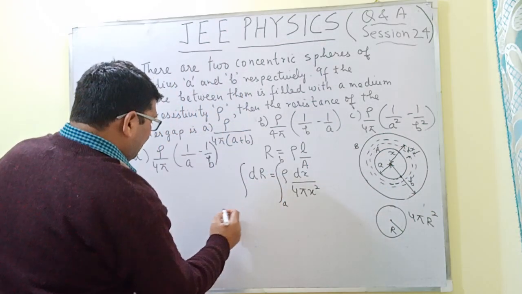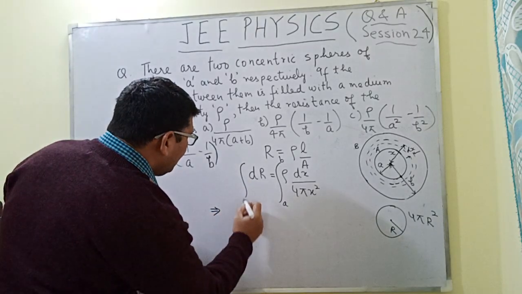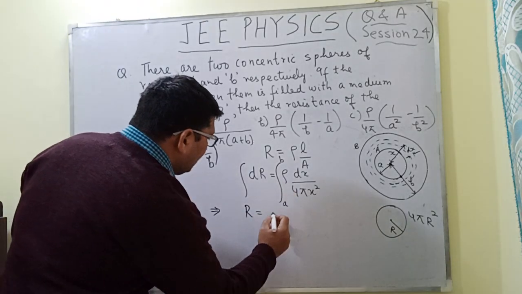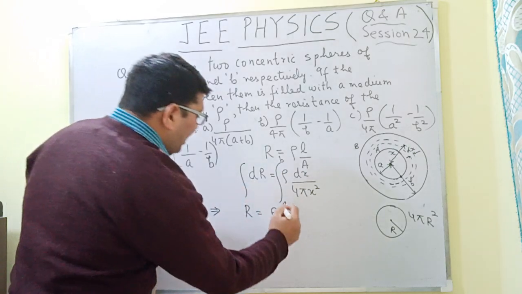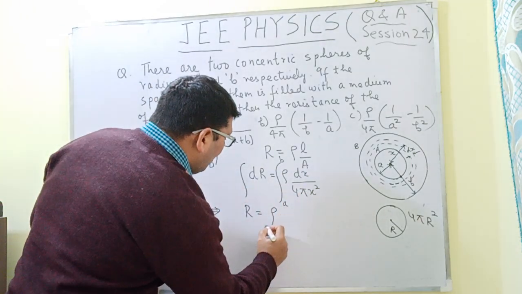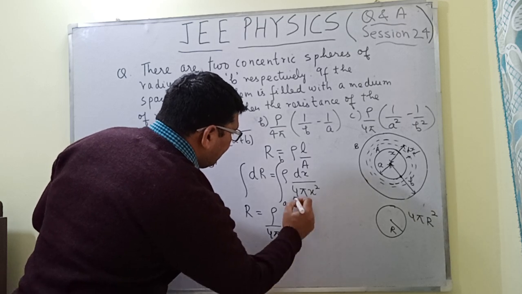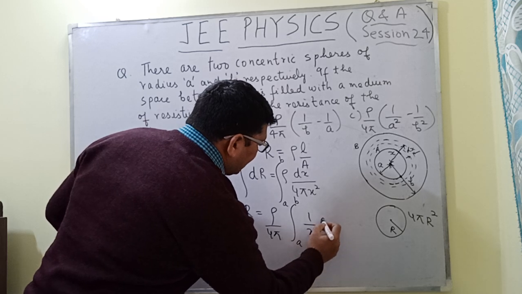So now this integration will give R. Rho is a constant, so I will be taking it out, and rho upon 4 pi is a constant, and this will be equal to the integral from a to b of 1 upon x square dx.